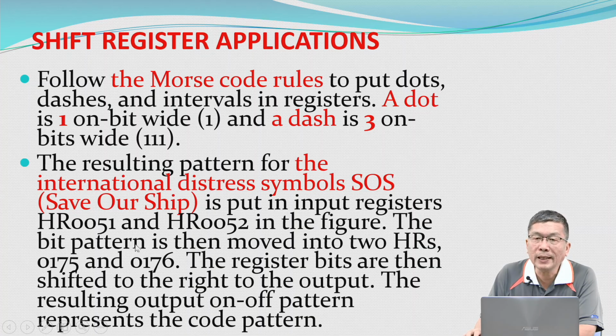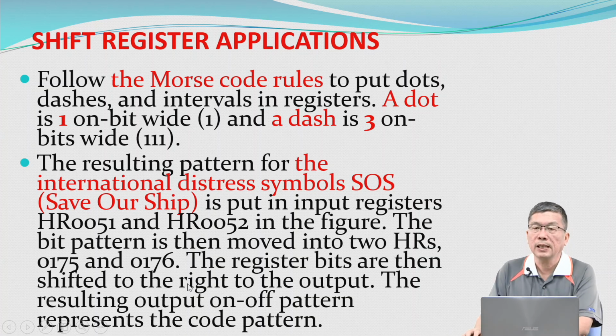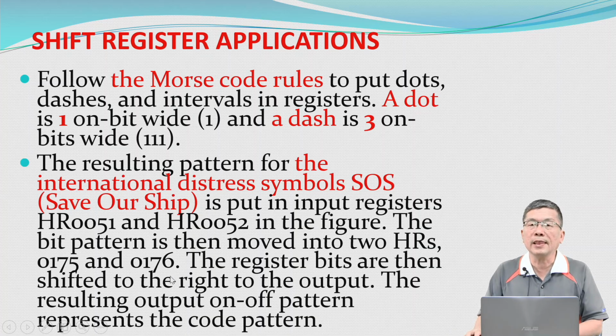The bit pattern is then moved into two holding registers, 175 and 1676. The register bits are then shifted to the right to the output. The resulting output on-off pattern represents the code pattern.